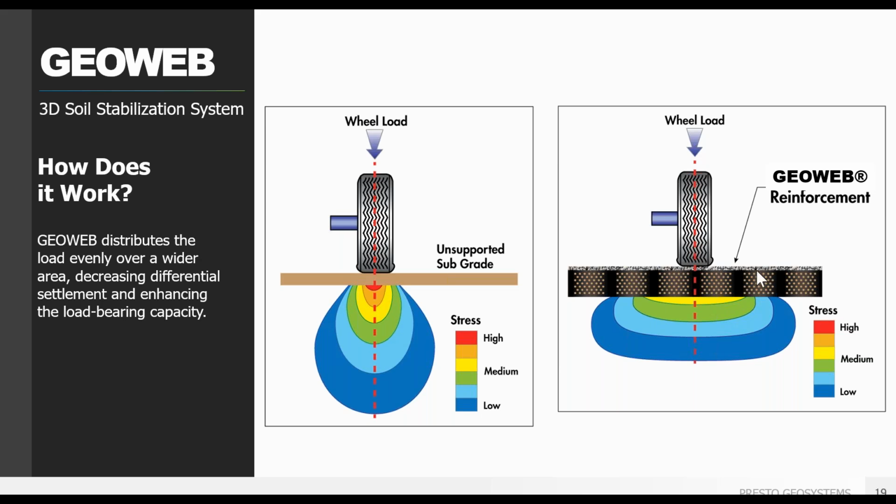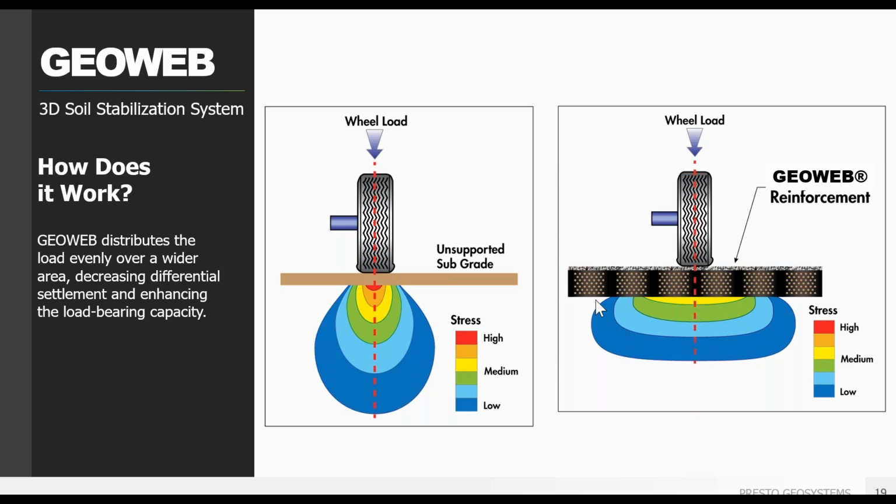And here's what GeoWeb really does. We call it the mattress effect. And what it is basically just significantly increasing the spreading of that load. GeoWeb can really reduce or eliminate all these high stresses at that subgrade interface. Increases that pressure bulb to at least like 60, 70 degrees.